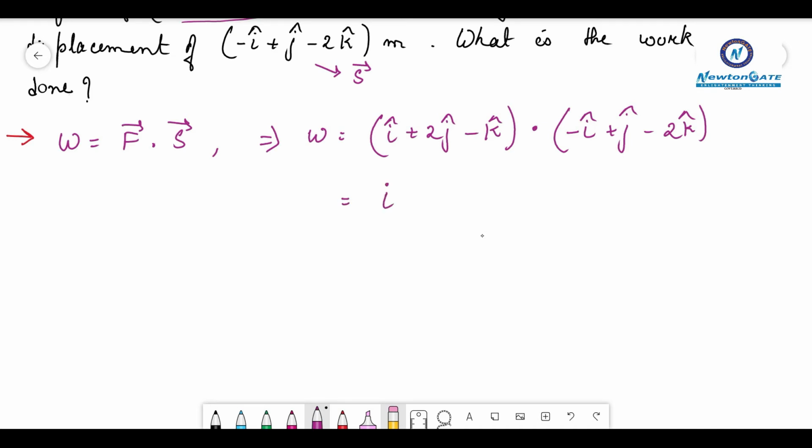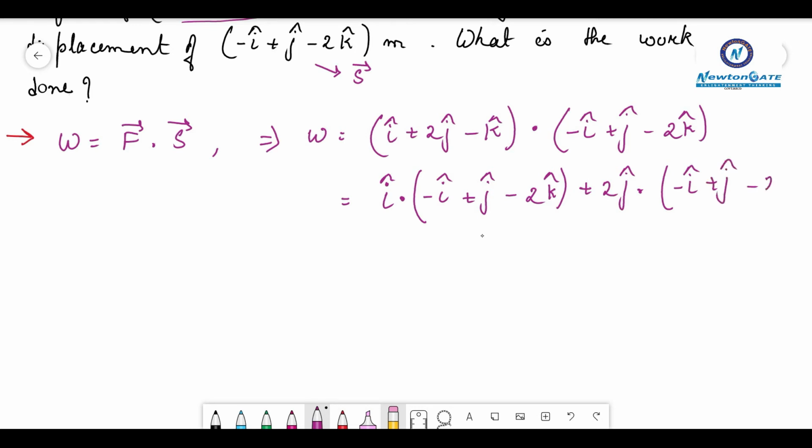I can write it as i cap dot minus i cap plus j cap minus 2k cap, plus 2j cap dot, same thing, minus i cap plus j cap minus 2k cap, minus k cap dot minus i cap plus j cap minus 2k cap.